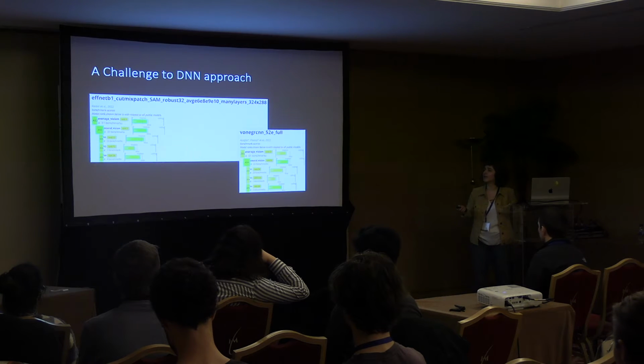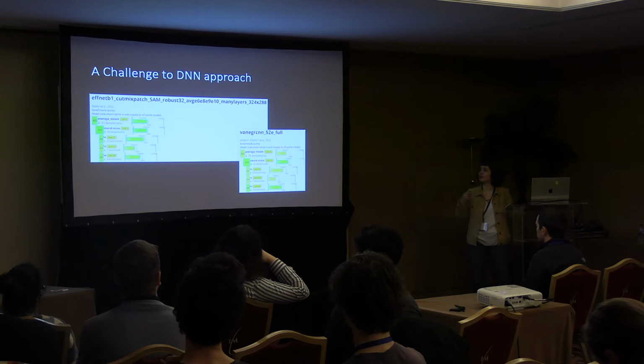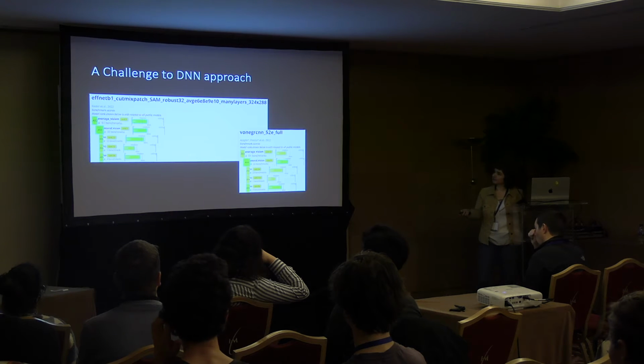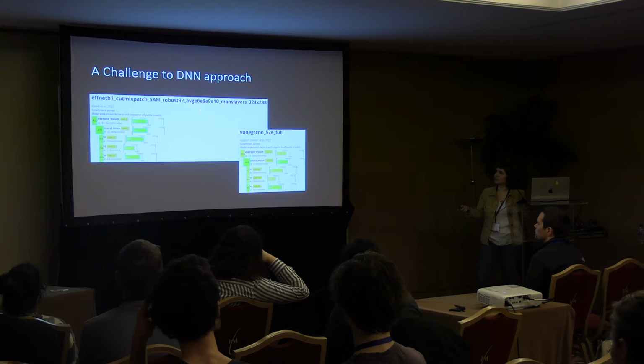BrainScore is a website where you send your models or data, and then you get the score of the similarity. Very helpful, and I think it's the first stepping stone to have the kind of thing that machine learning builds on for neuroscience, right? But I'm going to highlight here one problem with this interpretability issue of the deep net approach.